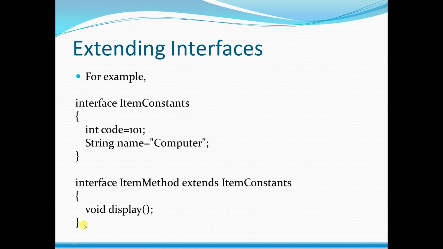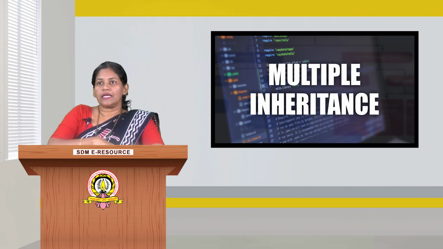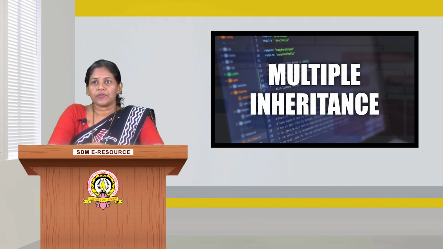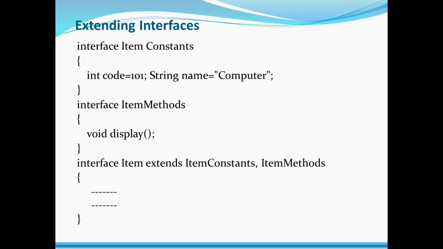So by default the data members of item constants are inherited to the item method interface. Extending an interface: interface item constants with int code is equal to 101, string name is equal to computer. Interface item method with the display method.